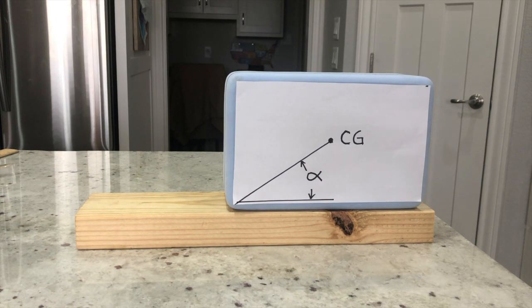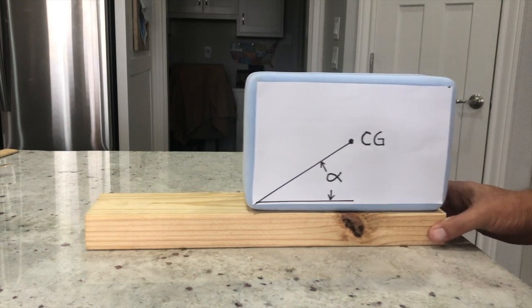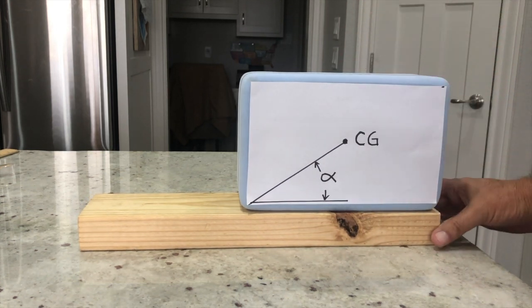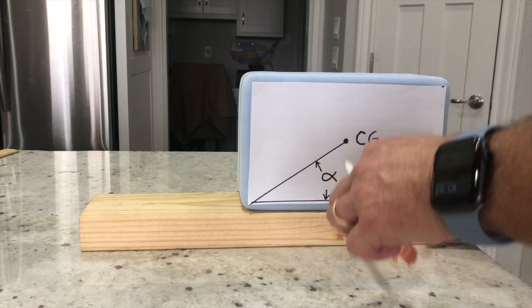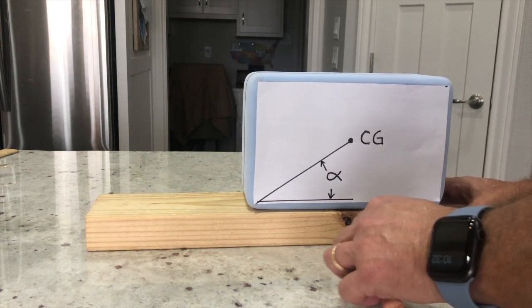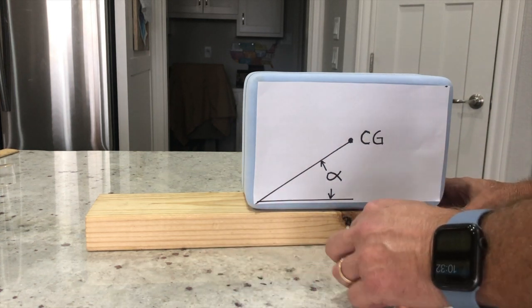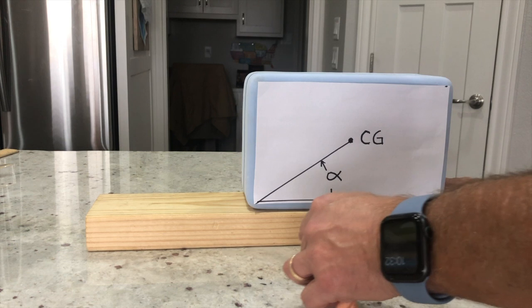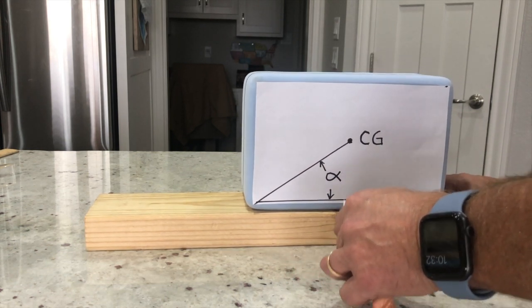So the question is, what about tipping? What's the mathematics on tipping? Well, it turns out that when this block is flat on the plane, there's a normal force that operates along the line of the center of gravity. But as you start to tip this up, the pressure on the normal force is not equally distributed. And so the effective normal force starts to move this way along the block. At zero, the normal force has this line of action.